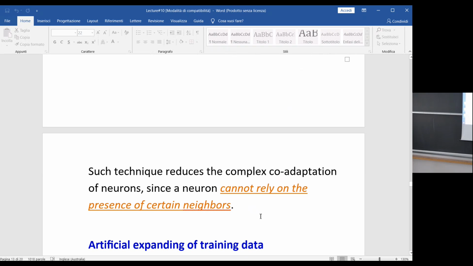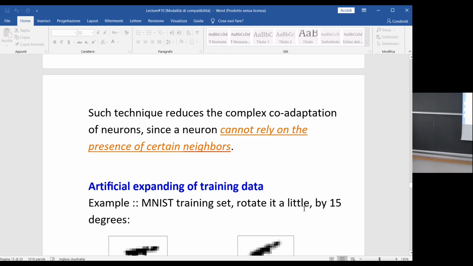Such a technique reduces the complex co-adaptation of neurons, since a neuron cannot rely on the presence of certain neighbors. So it is useful when we need to avoid the influence of neighboring neurons in some specific problem statement.